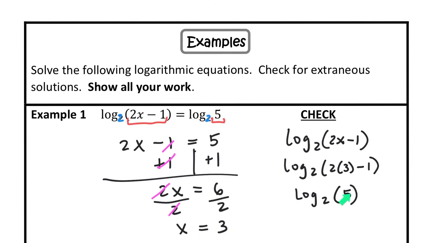Did we end up with a positive answer? Yes. So I can put a check mark, and then I can box this answer.